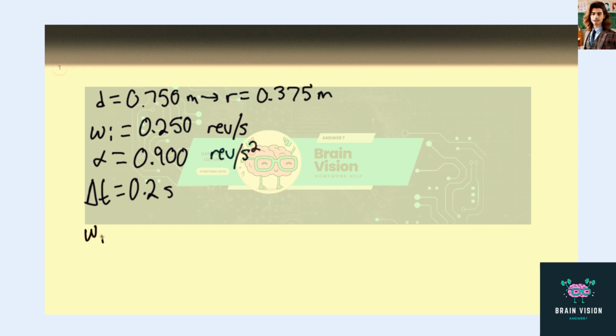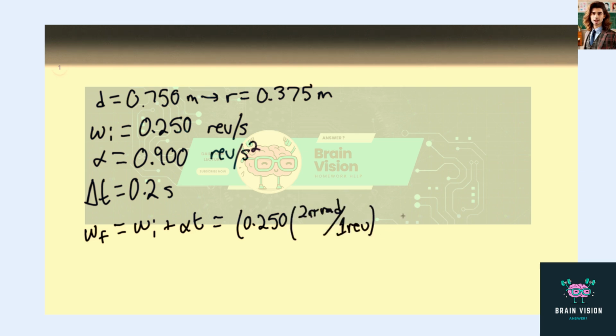So we can say omega f equals omega i plus alpha t. This is going to equal 0.25 times 2 pi radians for 1 revolution, plus 0.900 times 2 pi radians for 1 revolution, times 0.2.